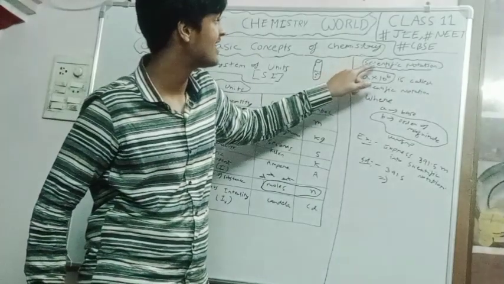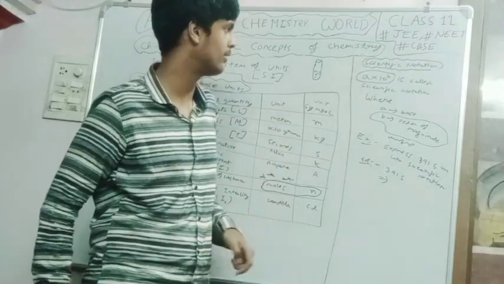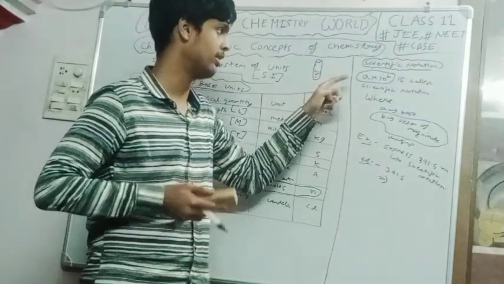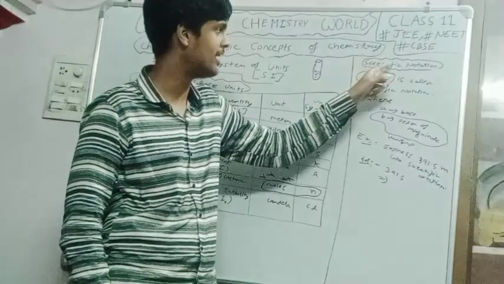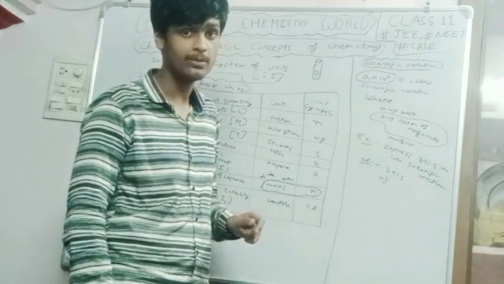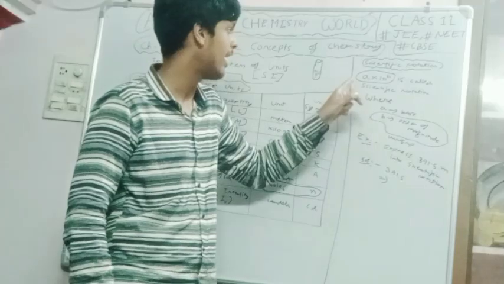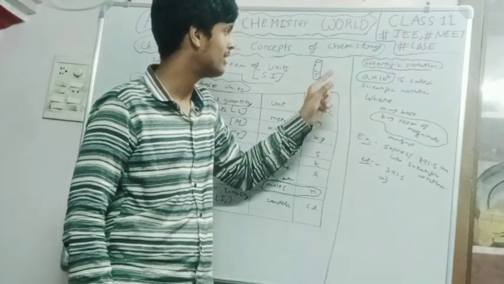Okay, what is scientific notation? It is expressed as A into 10 to the power of b.